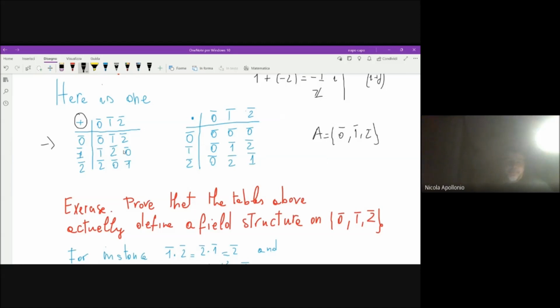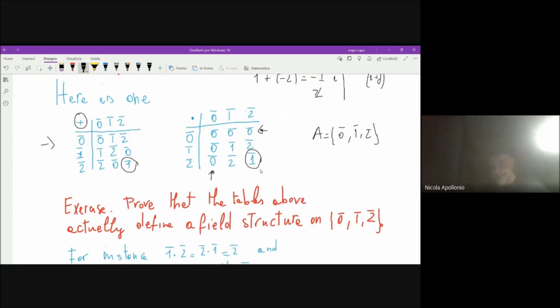How does it work? 0 plus 0 is 0, 0 plus 1 bar is 1 bar, 0 plus 2 bar is 2 bar. 2 bar plus 2 bar is 1 bar. Oh, and here 0, 0. This is quite nice. We expect this. And 2 bar times 2 bar is 1 bar. It's strange again.